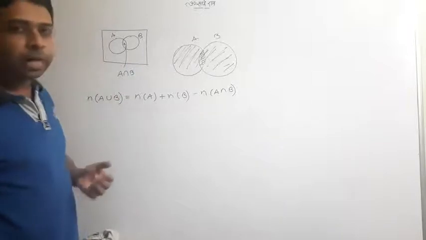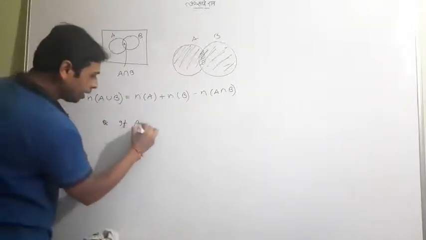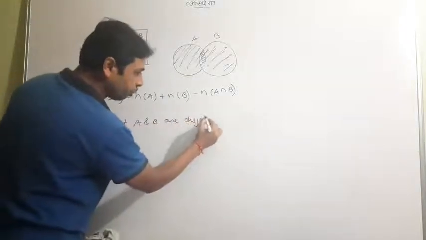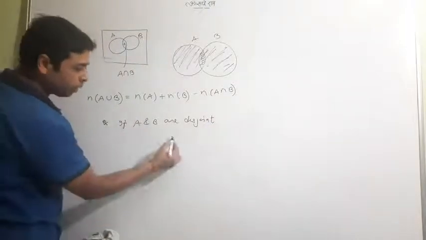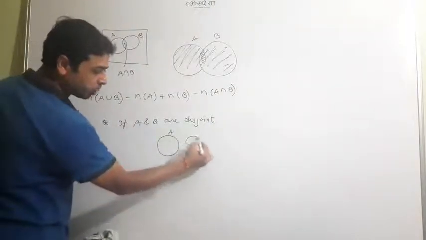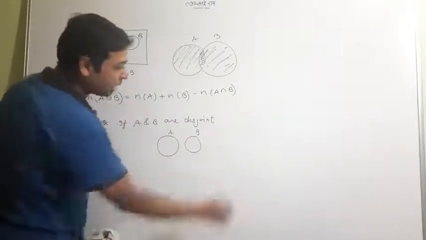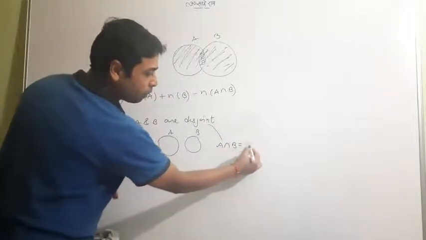But you can see that I want to write something. If A and B are disjoint, look at this very important sentence. What do you think about the picture? Disjoint means it is A and it is B, and there is no common element in them. So when they are disjoint, A intersection B will be phi.